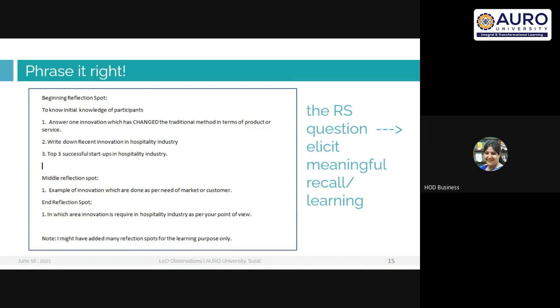I just want your inputs on another point, on which I want clarity from your end: should we limit and restrict them to the hospitality industry? Don't you think it would be a good idea if they just write the top 3 successful startups, and then the next level of question could be the industry, and on what dimensions, because some are good because they are cost effective, some are good because they have better reach and better sustainability.